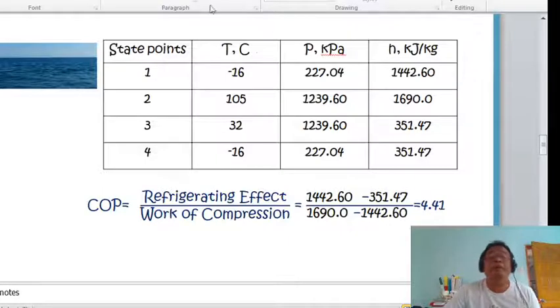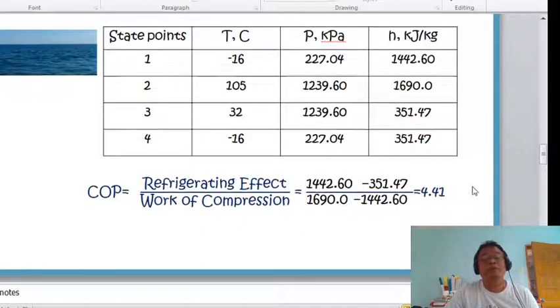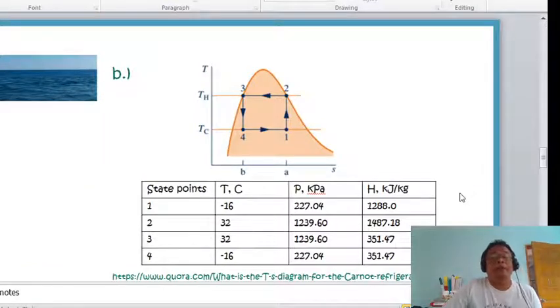Because class, if you do not master how to locate or identify the enthalpies, pressure, temperature, you cannot answer these questions below. Okay? So, substituting the values now, from the identified given, the COP now is 4.41, class.